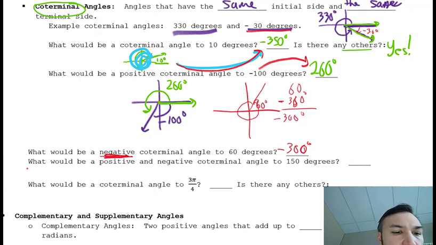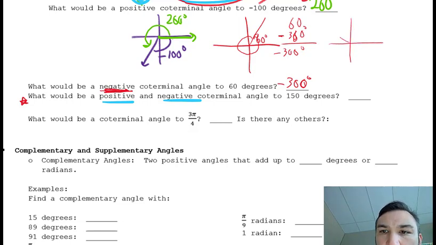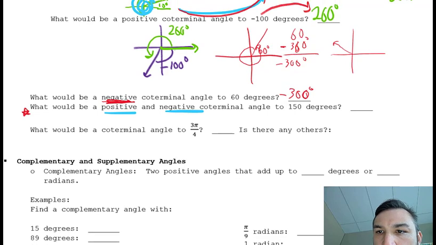Okay, so this is the last one with degrees, and so please pause your video, try this as an example, and see what you get before I work it out for you. Alright, so hopefully you found two answers to this question because it wanted a positive and a negative coterminal angle to 150. So 150 is going to be about right here.